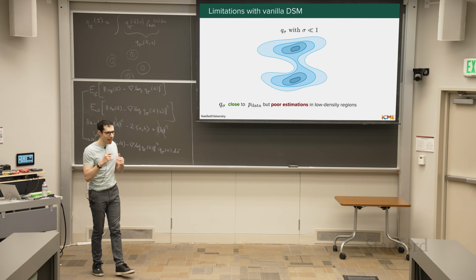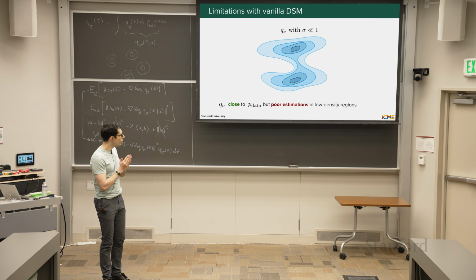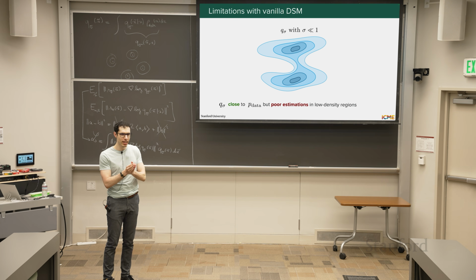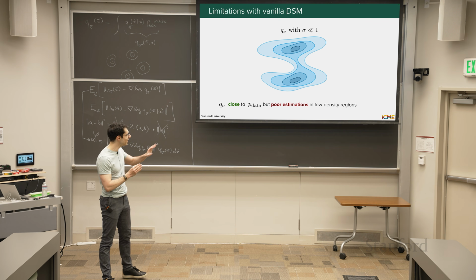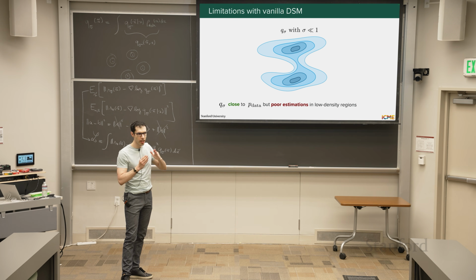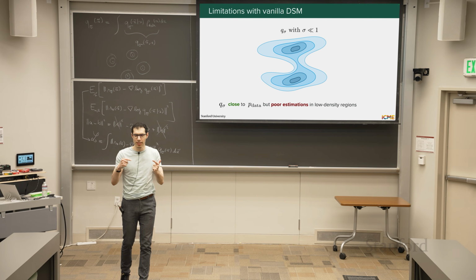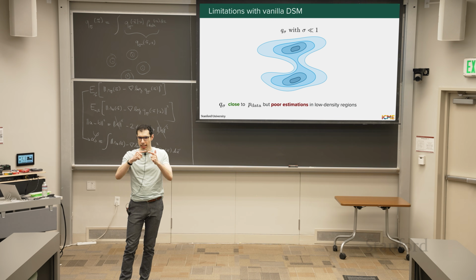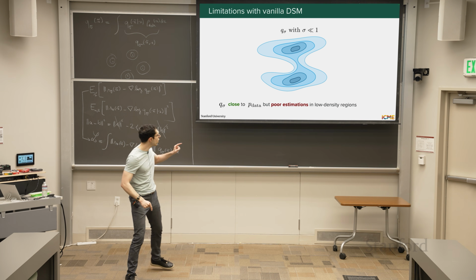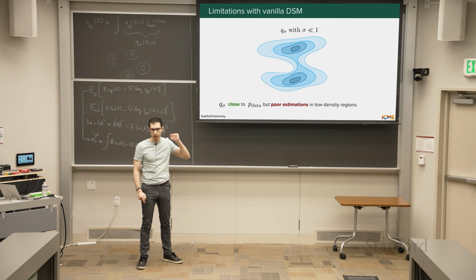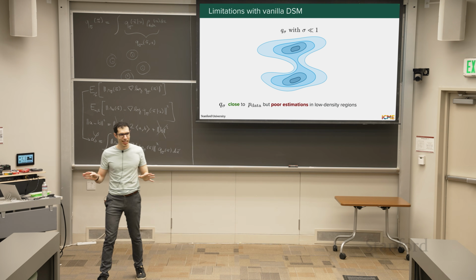So what I'm saying here is we are able to estimate the score of this noisy data distribution, but we're not able to estimate it accurately in places of the space that are not likely to appear under Q sigma. That's what I'm saying.